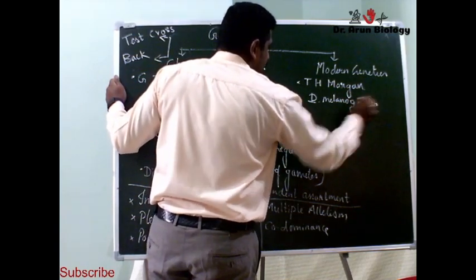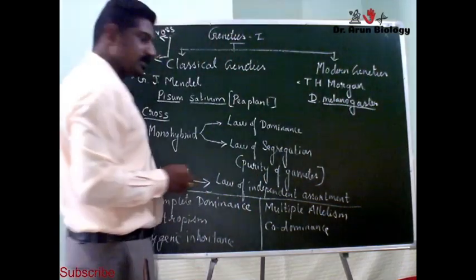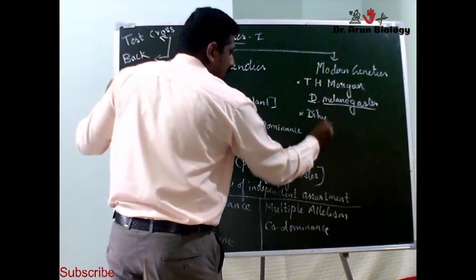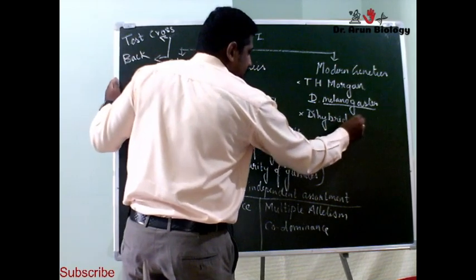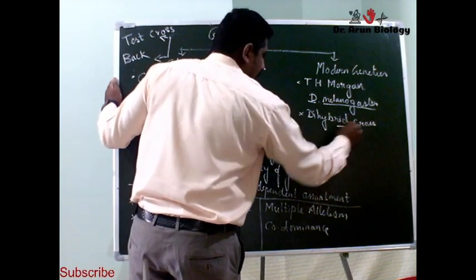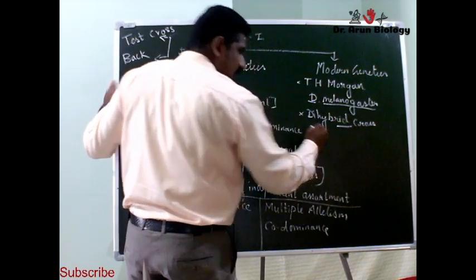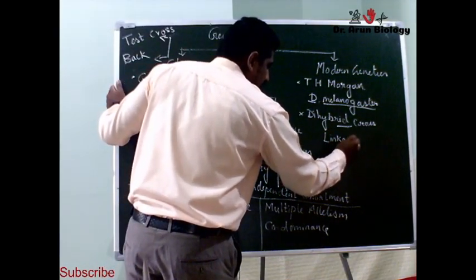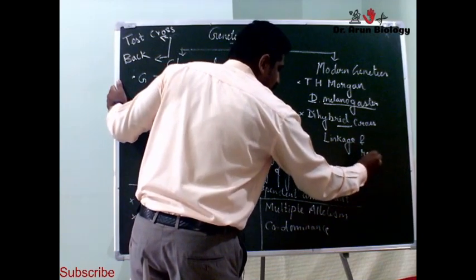Commonly we call them fruit fly. Why I have chosen that, we are going to see. Here he performed a cross, only a dihybrid cross, based on something called linkage and recombination.